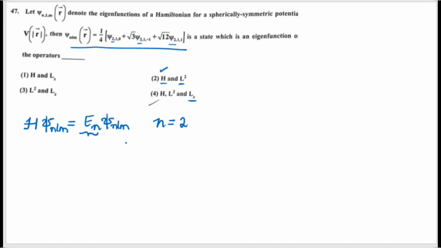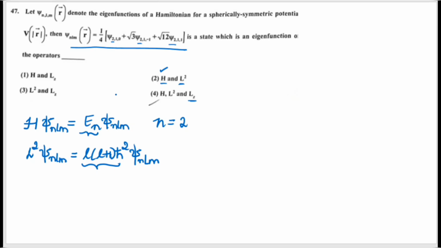We shall see for L square, right? Now when this operator L square acts upon the state function psi of n L M, it gives rise to an eigenvalue, that is L into L plus 1 into h cut square, into psi of n L M, again the state. So the L square operator depends on the eigenvalue L into L plus 1 into h cut square, right?